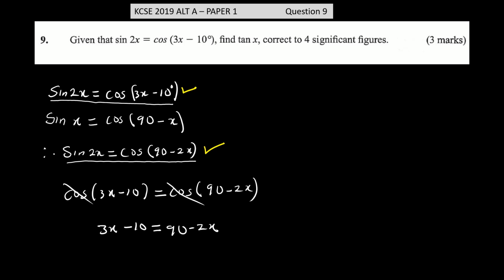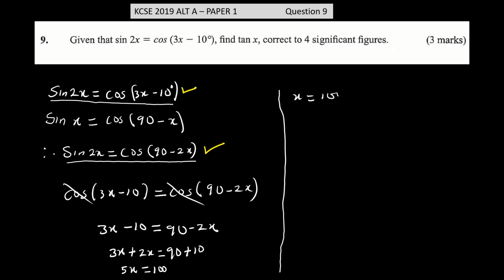And here, if we collect like terms, we are going to have 3x plus 2x equal to 90 plus 10. And that is 5x equal to 100. Let's draw a line here. And we can have that x equal to 100 divided by 5. And answer to this is 20 degrees. So we know that x is 20 degrees.